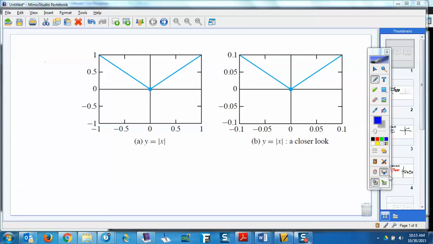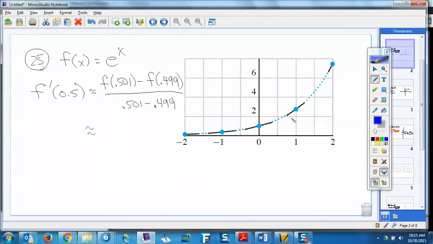But the idea behind doing that is to realize that we're trying to find the slope of a curve. We're trying to find the slope, like these little black tangent lines.